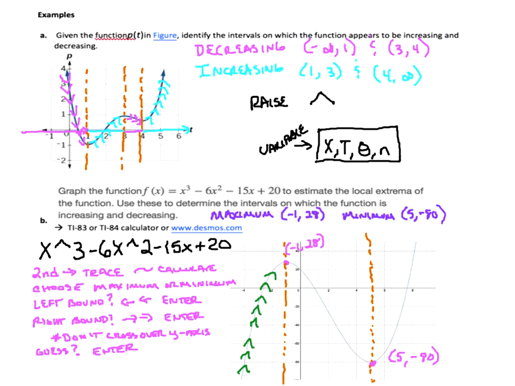I'm increasing from -infinity up to -1, and I'm also increasing from 5 through +infinity. I am decreasing between -1 and 5.